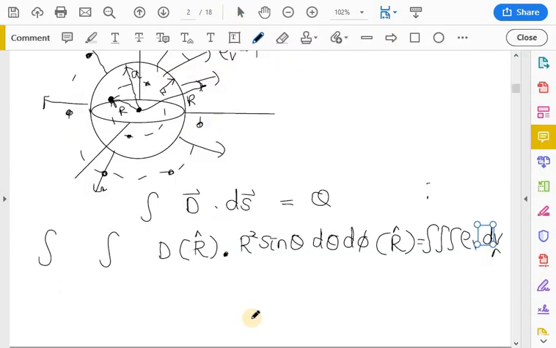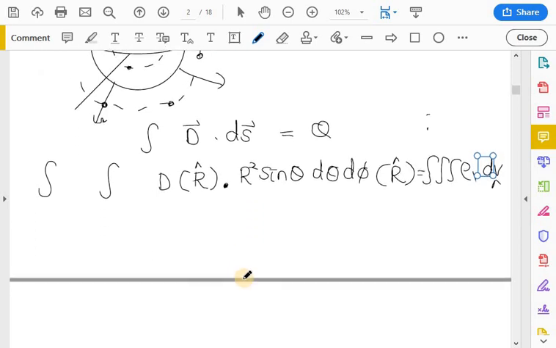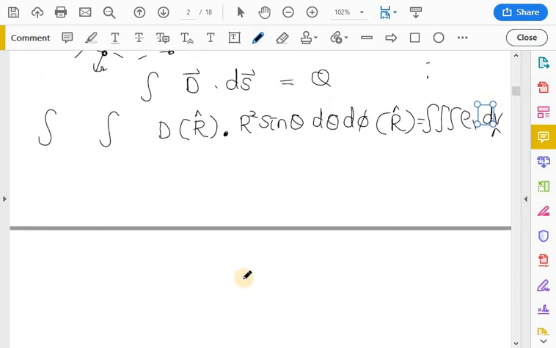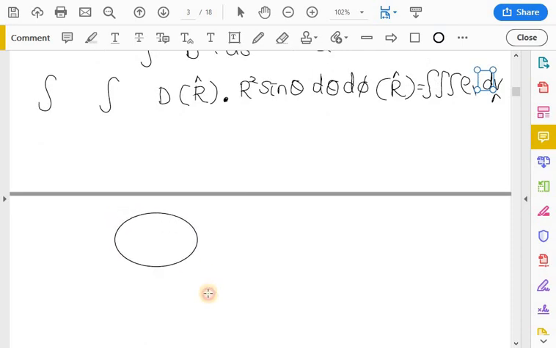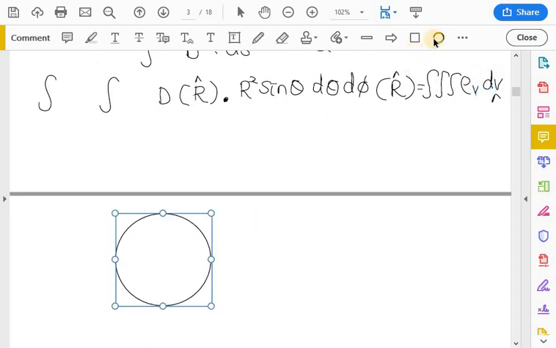Now you have to decide the interval. Do you still remember last week we were very confused? Where is the theta? Where is the phi? How do we represent it? So here, mention it again.